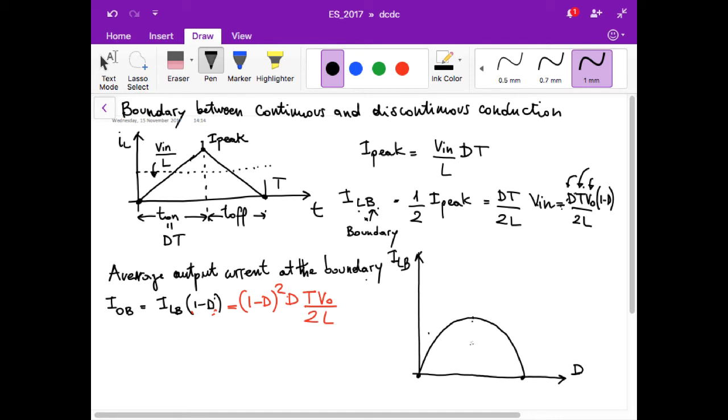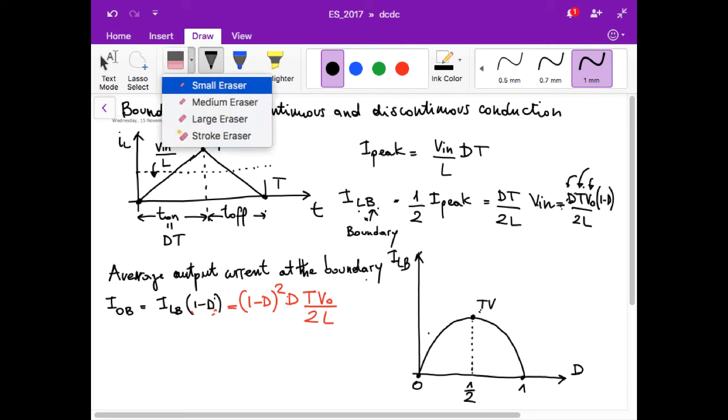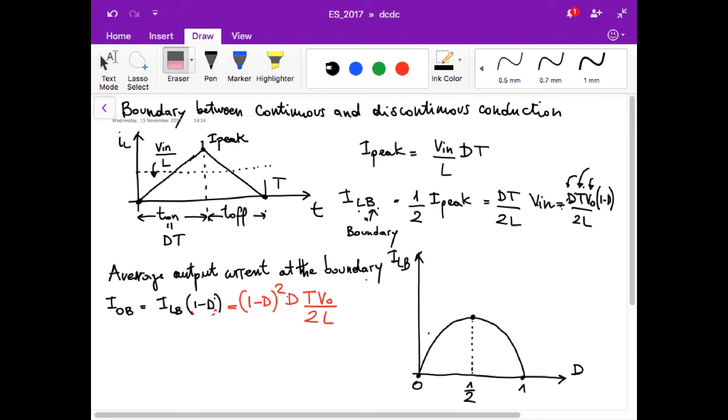The maximum is when D is equal to 1/2. When D is equal to 1/2, the maximum, let's call it ILB max, we can just substitute, is equal to TVO over 8L.